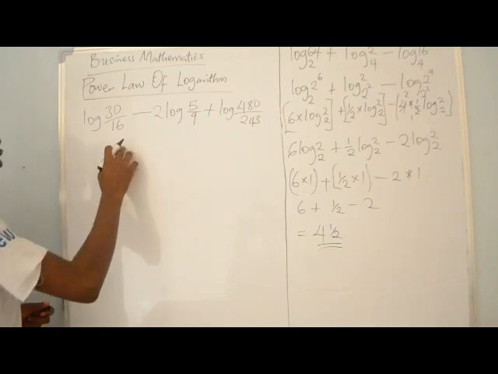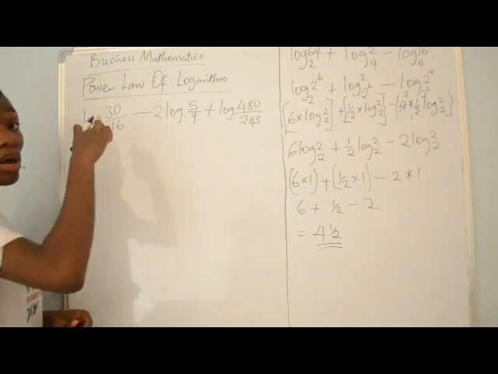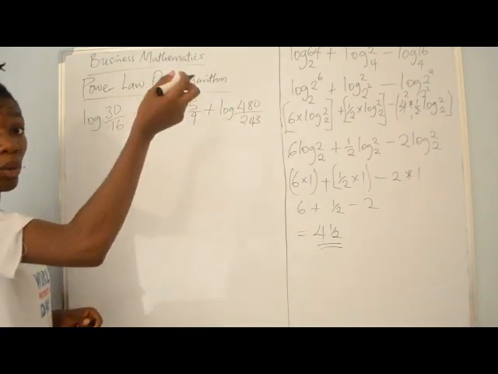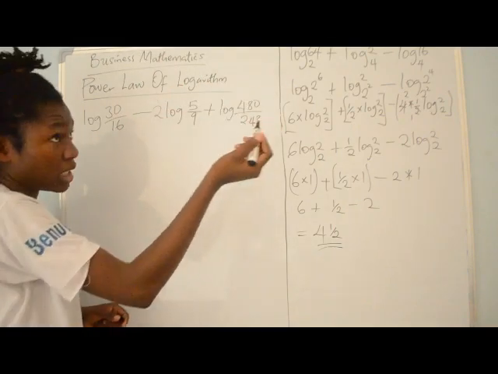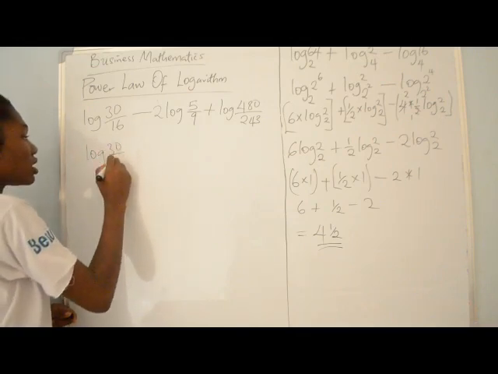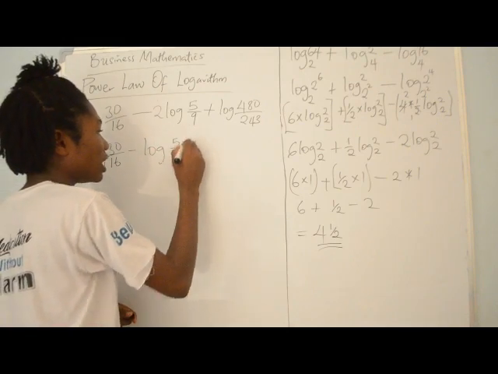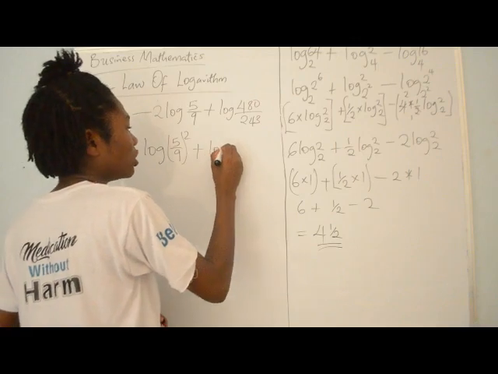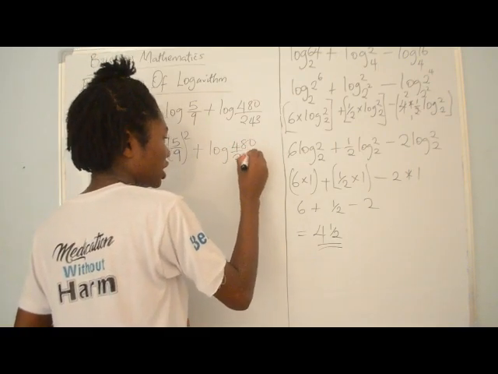But before we continue solving, I want to take these 2 back, alright? This is why we are having a power law. So we are going to be taking these 2 back, the same way we brought it here from the power of the whole number. So we'll be taking it back to make it a power of our whole number again, okay? So we'll be having log 30 over 16 minus log 5 over 9, and then the power is coming back, plus log 480 over 243.